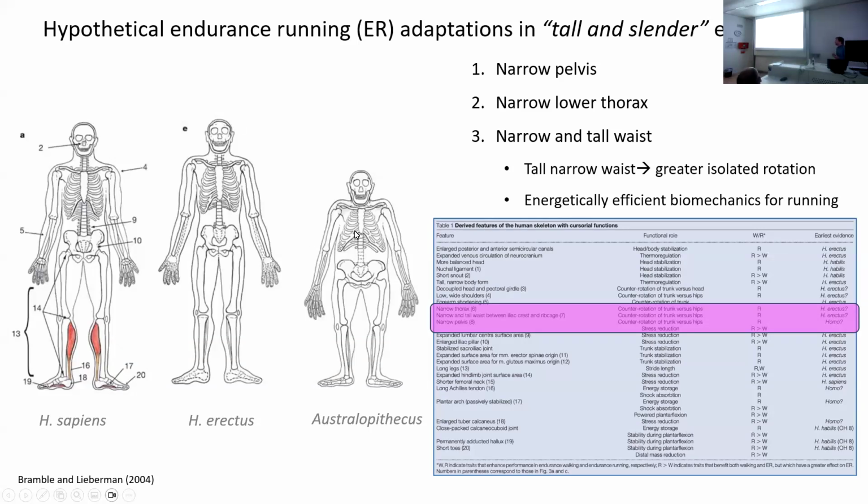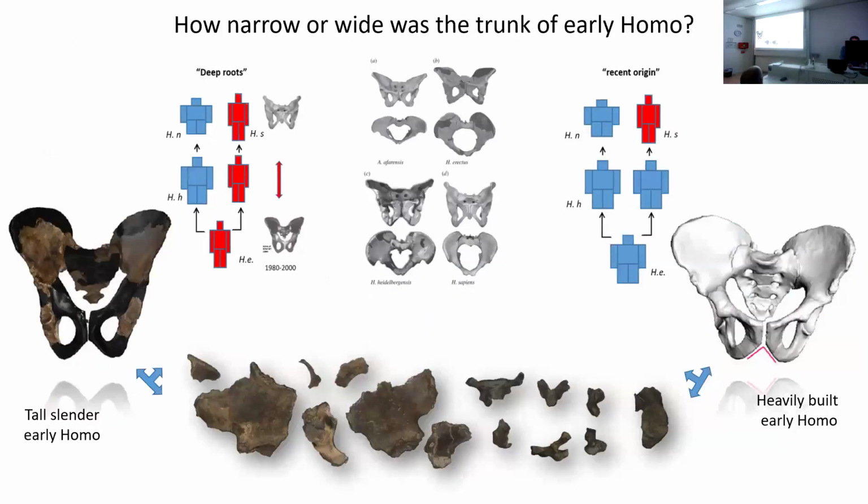And all these features are important in the context of running, and particularly in the context of energy saving during counter rotations of the trunk versus the hips. And it is thought that it is Homo erectus where these features appear first in evolution. And so it makes sense to ask how narrow or how wide was the trunk of early Homo in order to fit the model into the paleoecological framework.